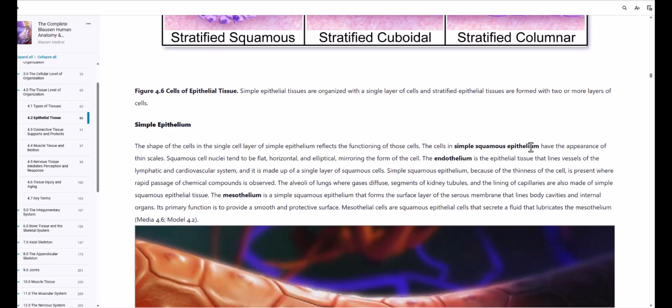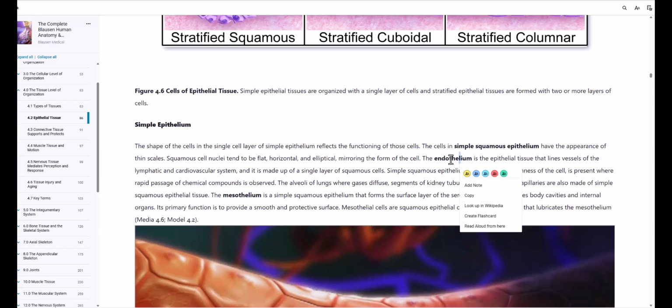And there are two places specifically where we're going to see this. One is the endothelium. Endothelium, it actually tells you where it's coming from. It's made by the endoderm, right? That endothelium is made by the endoderm, that inner layer of your early embryo.